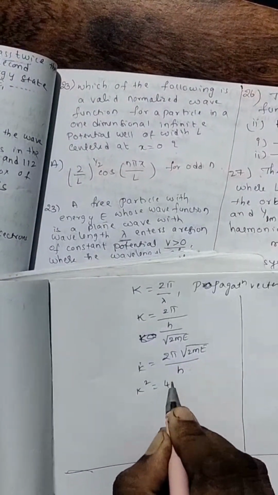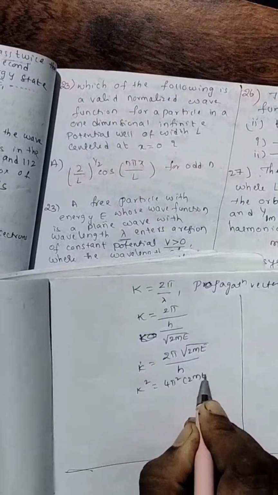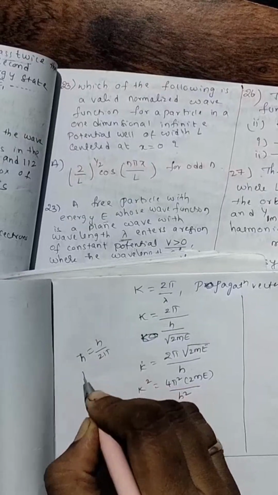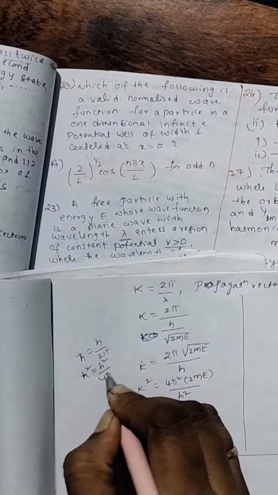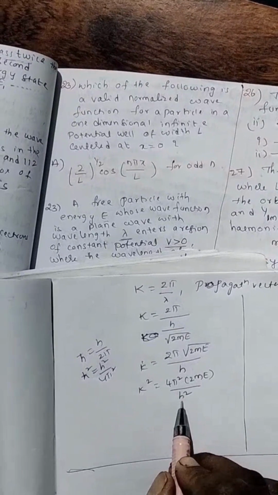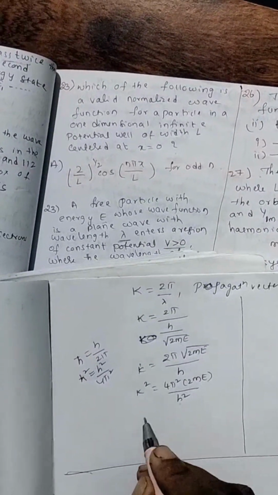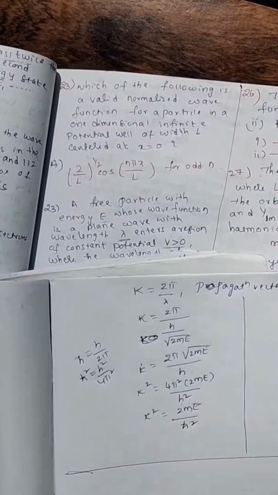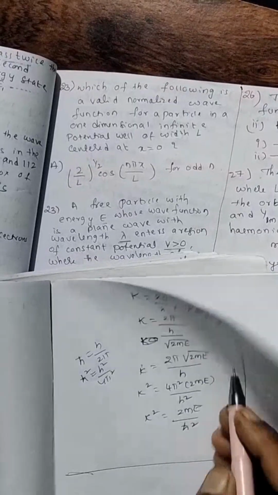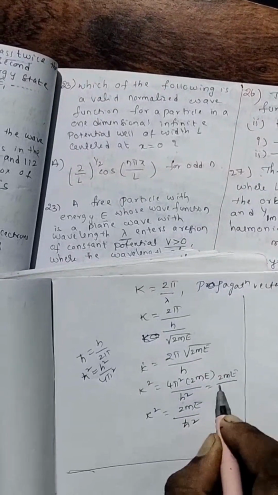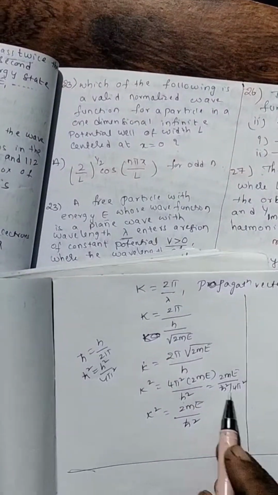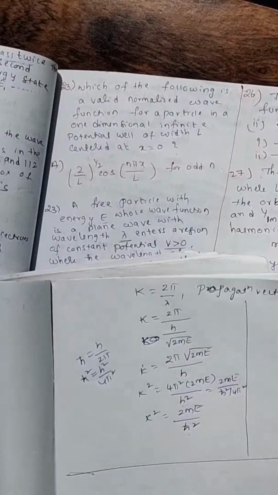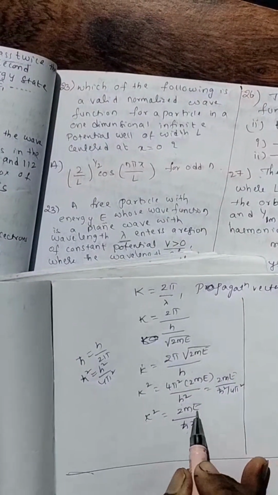Now k square is equal to 4 pi square times 2mE by h square. H cut is equal to h by 2 pi, so h cut square is equal to h square by 4 pi square. So 4 pi square by h square is 1 by h cut square, and k square is nothing but 2mE by h cut square. One relation complete: this is propagation vector versus energy.